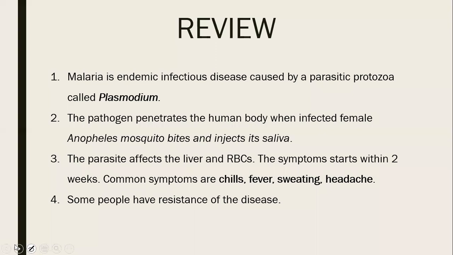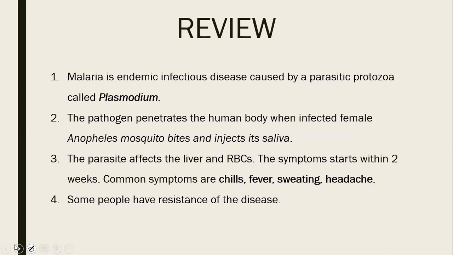So what we learned from this lesson is that malaria is an endemic infectious disease caused by a parasitic protozoa called Plasmodium. It's a eukaryotic unicellular organism, not a bacteria, not a virus. The pathogen penetrates the human body when an infected female Anopheles mosquito bites and injects its saliva. The parasite affects the liver and red blood cells.